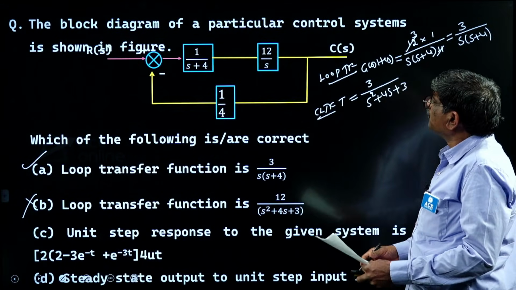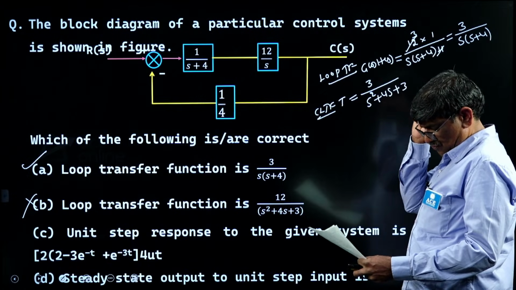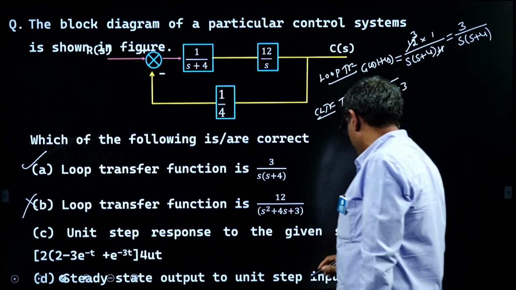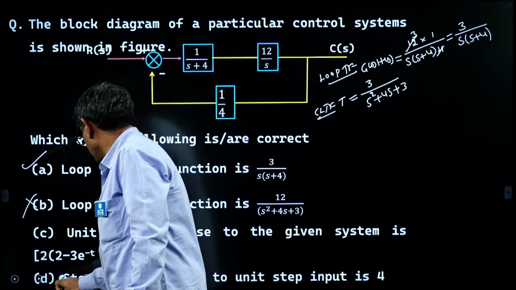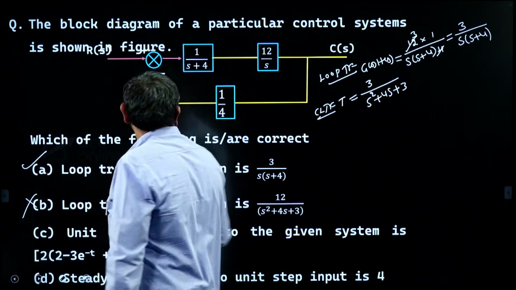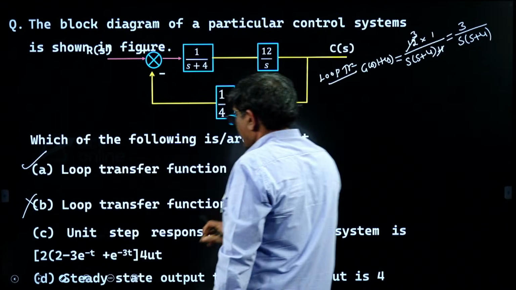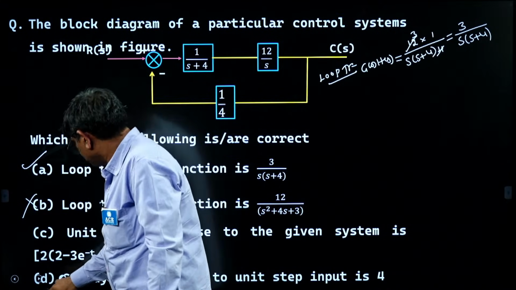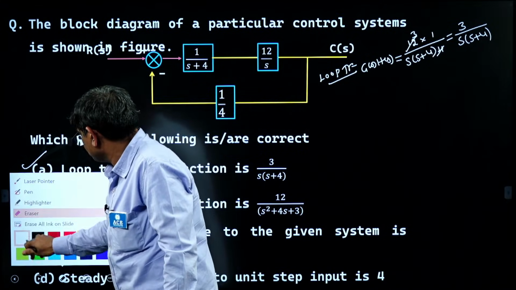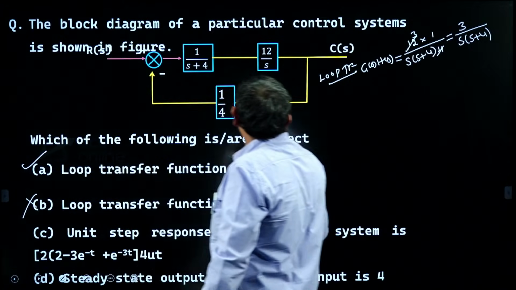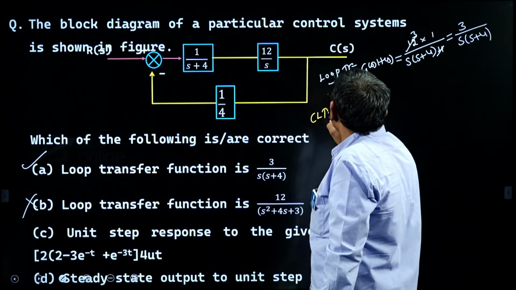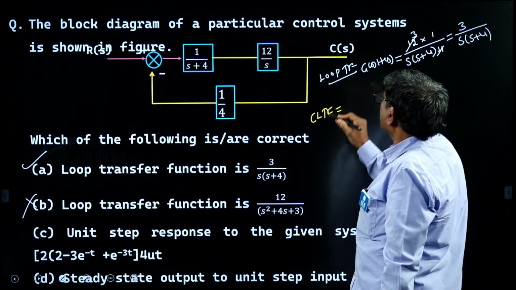No, you have to find it from the block diagram. Find the closed loop transfer function. Come on, what are you getting?